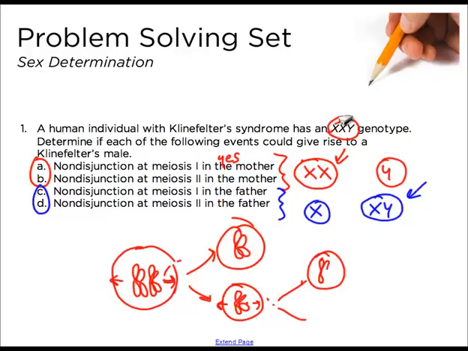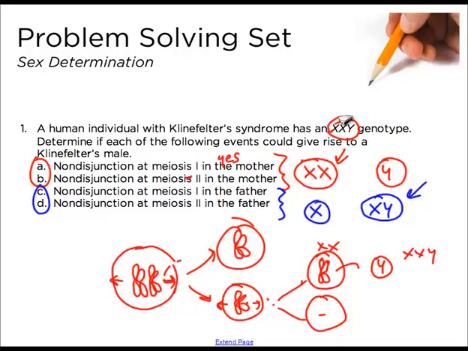We're going to have one where it failed to separate. So one gets the whole entire thing, and one gets nothing. And it's possible that it can meet up with a normal male Y, and they're still sticking together on there, but they don't necessarily have to stay there. But there's two X chromosomes in that gamete. It's not good, it's imbalanced, and you can get an XXY male from there.